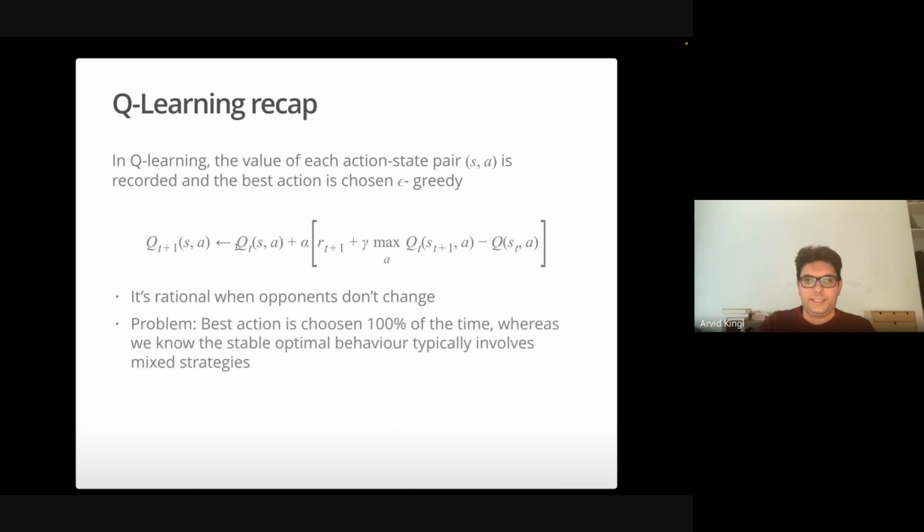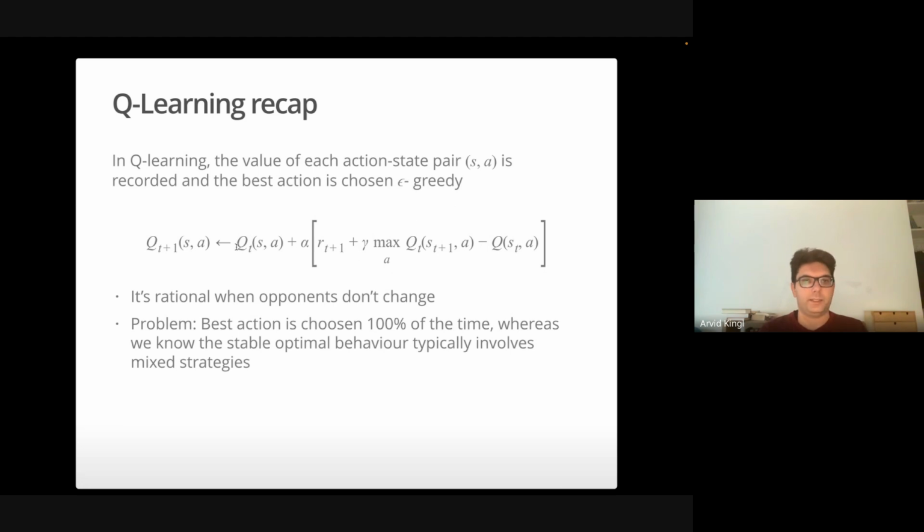The problem is that it also chooses what it thinks is the best action 100% of the time. So if it is the case like rock, paper, scissors, it could very well happen that, because the opponent plays randomly, in the last batch update you had by pure randomness a bit more rock than anything else.